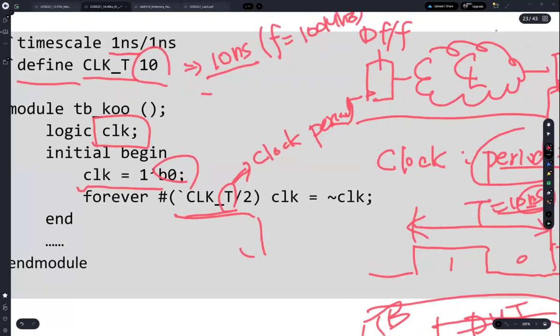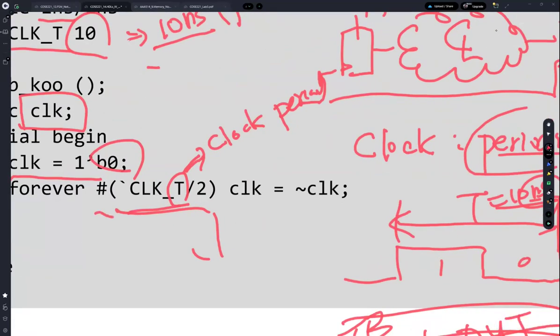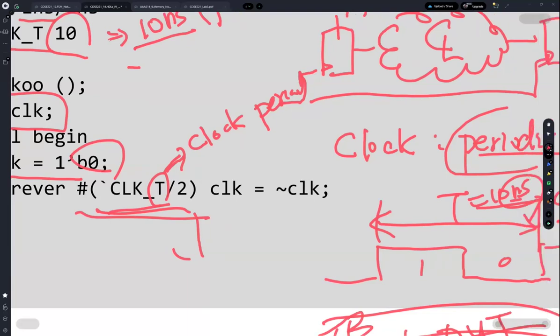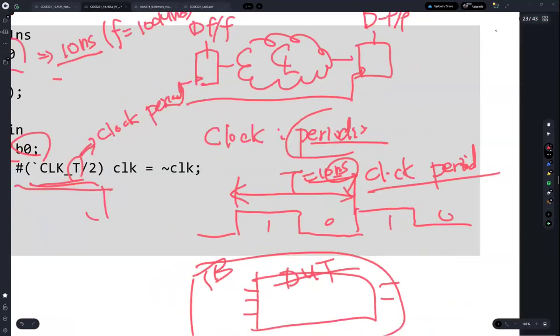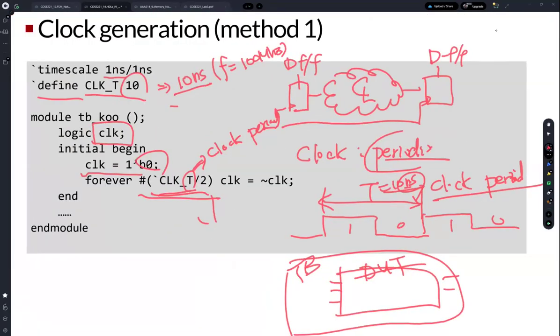So you can find that inside of this delay representation, clock T is divided by 2. Why? This is because inside of a clock period, the clock signal is changed from 1 to 0, right?